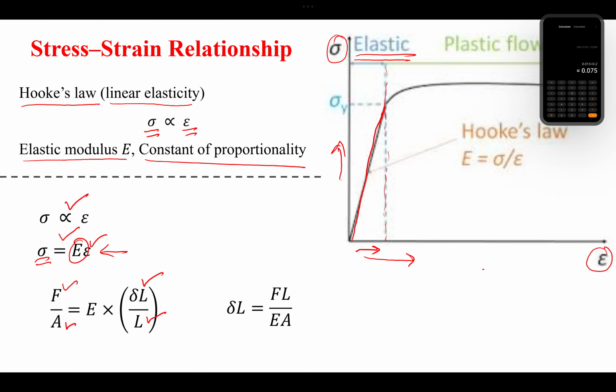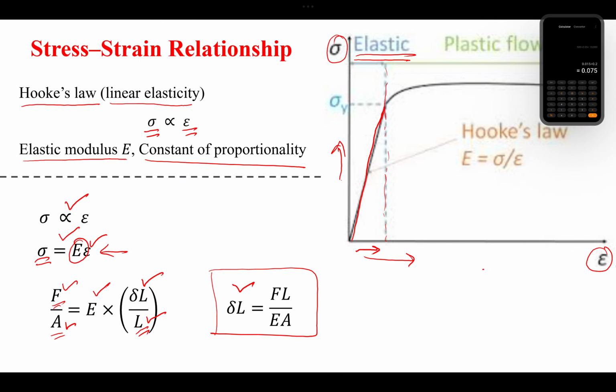For example, if you want to find the change in length, and you know the elastic modulus, the cross section area, the force applied, and the original length, you should be able to calculate the change in length by just rearranging these equations. If you don't know just one value and you know the rest, you can rearrange this equation and calculate the unknown quantity, using this stress strain linear elasticity relationship.